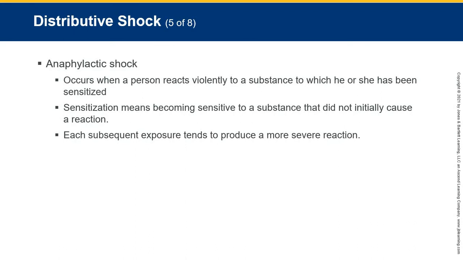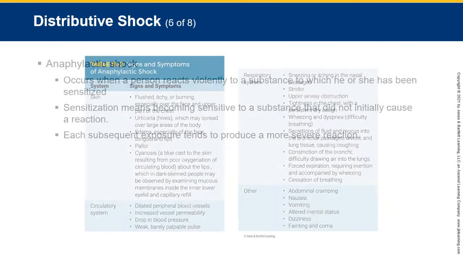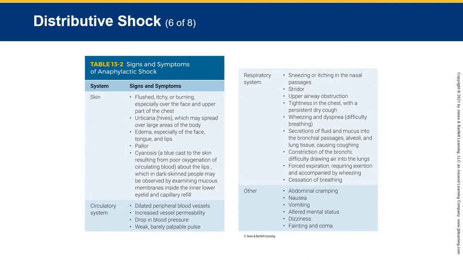So things like if you've ever twisted your ankle and it started swelling up, that's an inflammatory reaction, and it was just around your ankle. But in anaphylaxis, that reaction of inflammation is throughout your entire body, so everything starts to swell up.